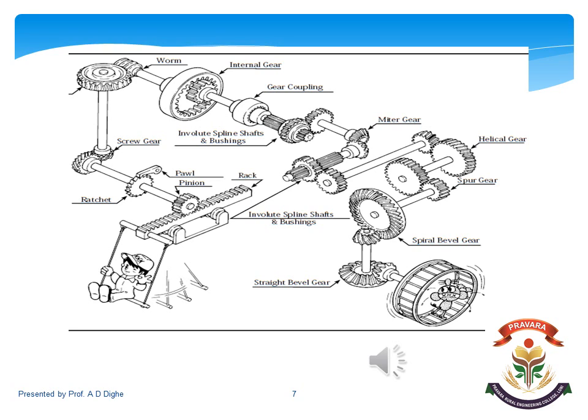So for any mechanical application, the gear is a main element which is used as a power transmitting element, which will be responsible for the working of that particular equipment or machine.